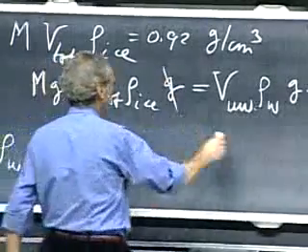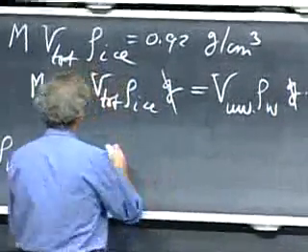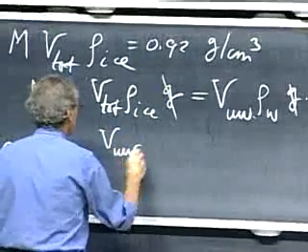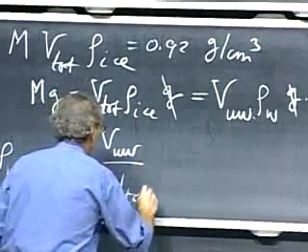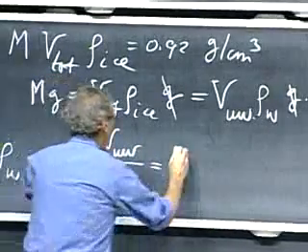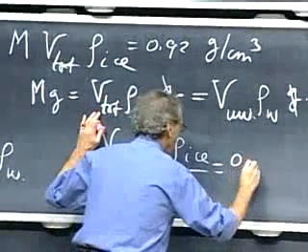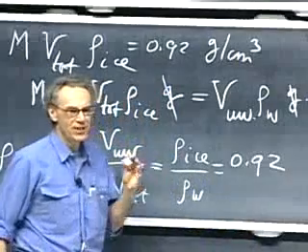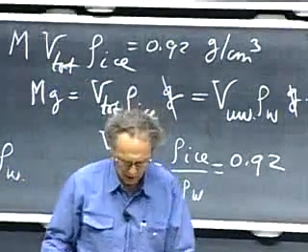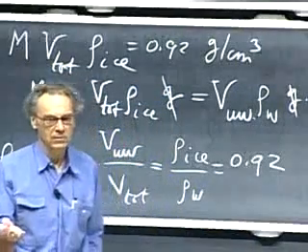You lose your g, and so you find that the volume underwater divided by the total volume equals rho ice divided by rho of water, which is 0.92. That means 92% of the iceberg is underwater.